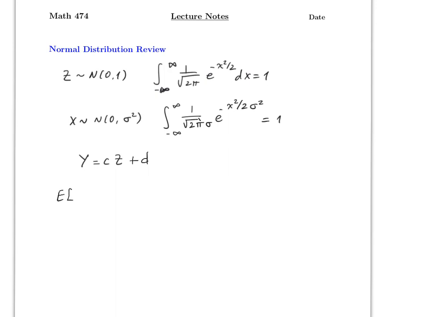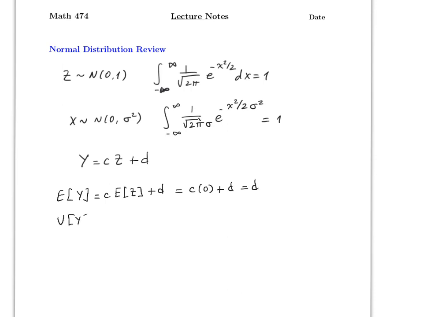Then the expected value of Y will be c times the expected value of Z plus d. So in this case, it will be c times 0 plus d, which is just equal to d.